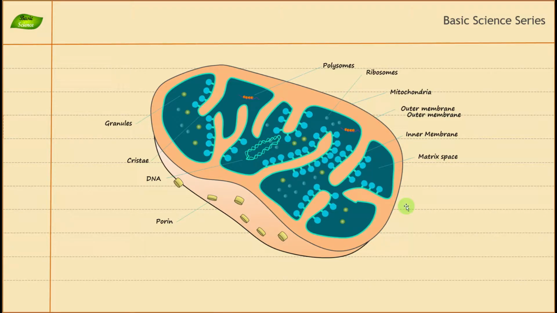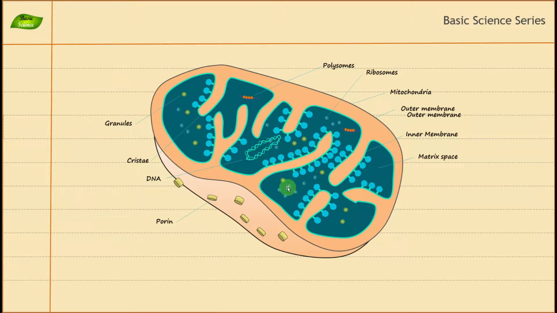So that was the brief history of this particular organelle. This is the most important organelle because all the cells require energy, and this is the organelle that is known to provide the energy, and it's also known as the powerhouse of the cell.